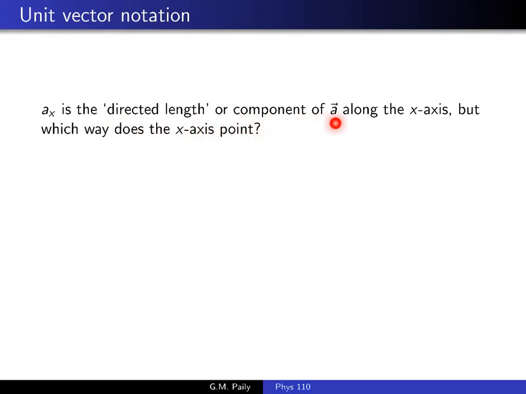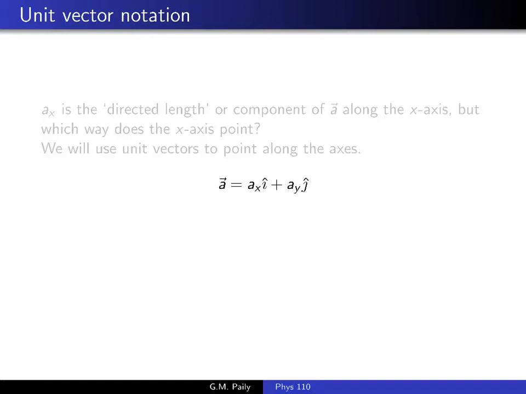So AX is the directed length or the component of A along the x-axis. It is the projection or shadow of the vector A along the x-axis. But in which way does the x-axis point? Note that we will use unit vectors. So in the xy plane, for example, we would write vector A is equal to AX times I hat.